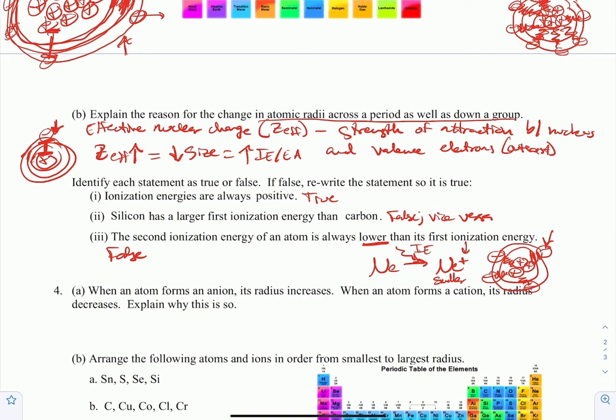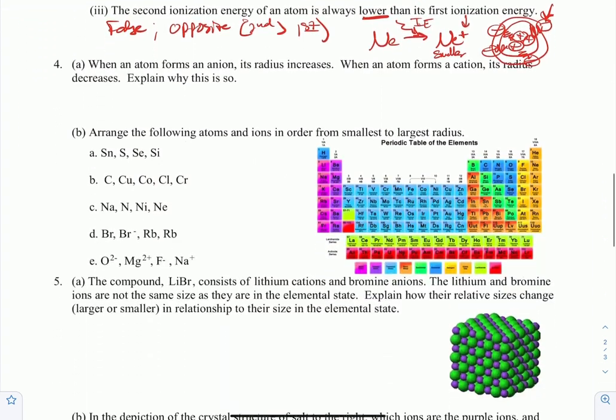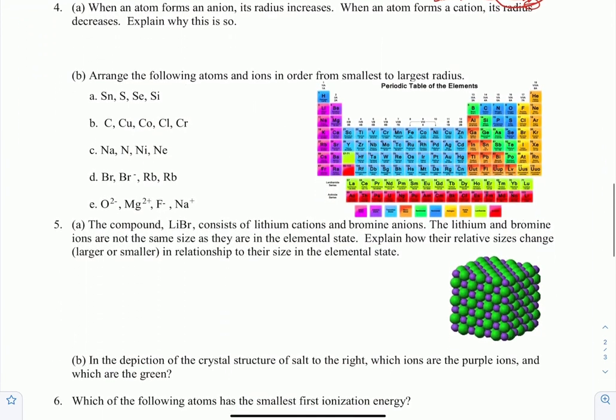So it's actually highly likely to get a negative charge than to let you take away another negative to become even more positive because of this effective nuclear charge. So false, and we would say here the opposite. Make sure to note that the second ionization energy is always greater than the first. Always.